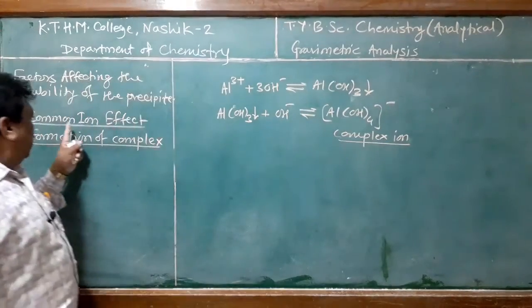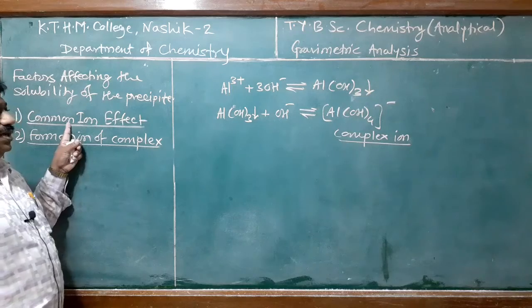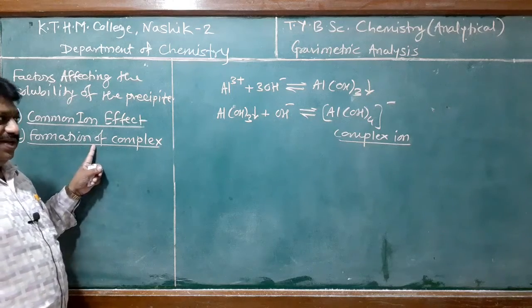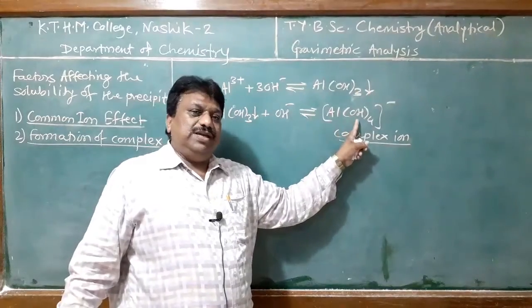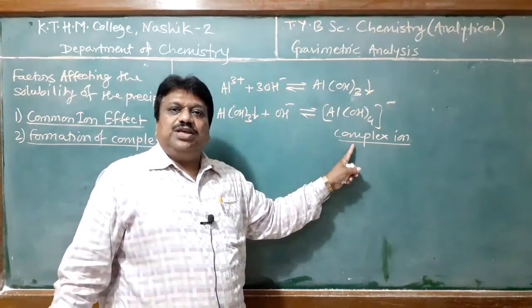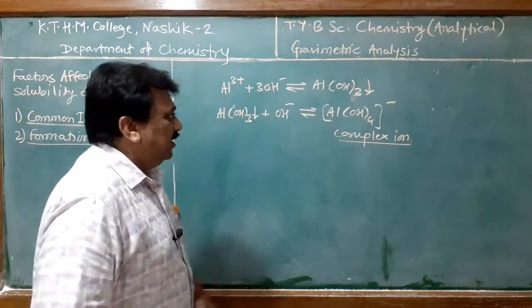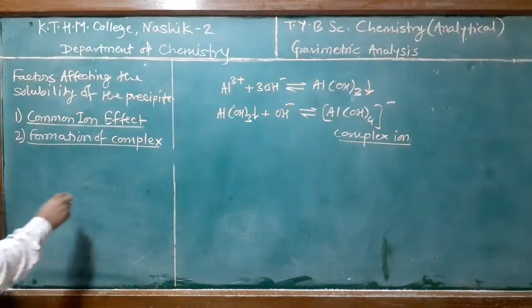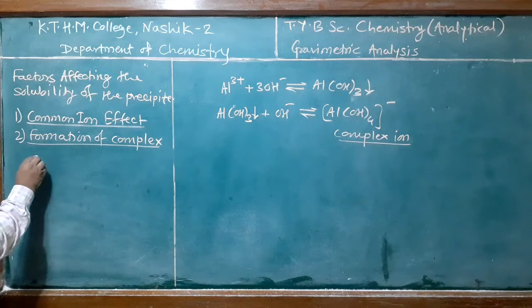Therefore, in order to decrease the solubility of a precipitate by the common ion effect, if we increase the excess of reagent, sometimes that excess of reagent may increase the solubility of the precipitate. This is an effect that increases the solubility because of the formation of complex ion.